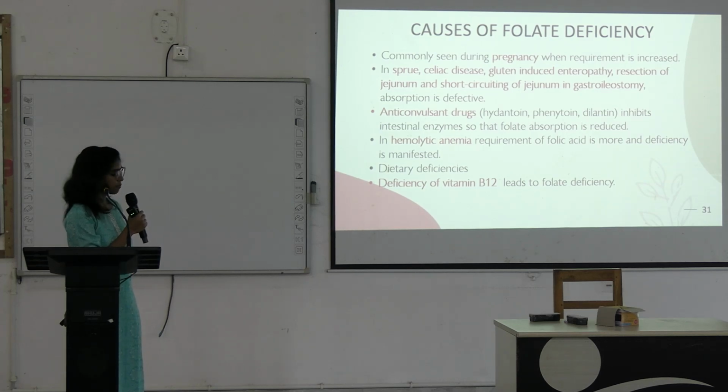Also in diseases like sprue, celiac disease, gluten-induced enteropathy, resection of jejunum and short-circuiting of jejunum in gastroileostomy, absorption becomes defective. Certain anticonvulsant drugs also inhibit the intestinal enzymes and folic acid absorption is reduced. Also in hemolytic anemia when requirement of folic acid is increased, in case of dietary deficiencies and also in deficiency of vitamin B12.